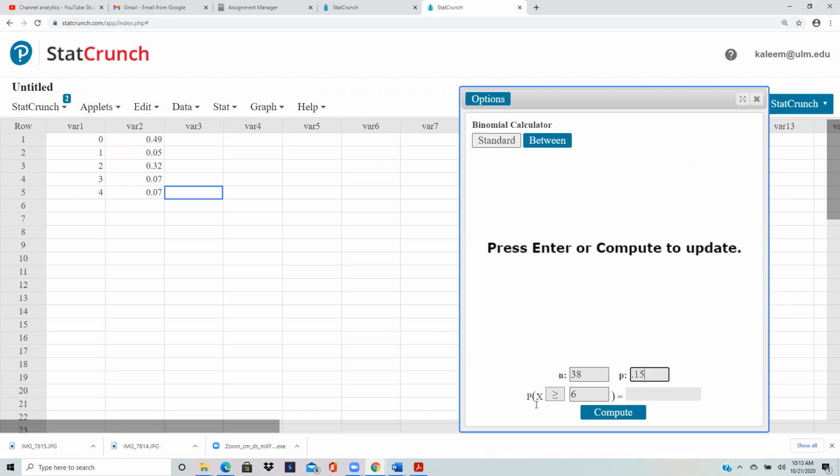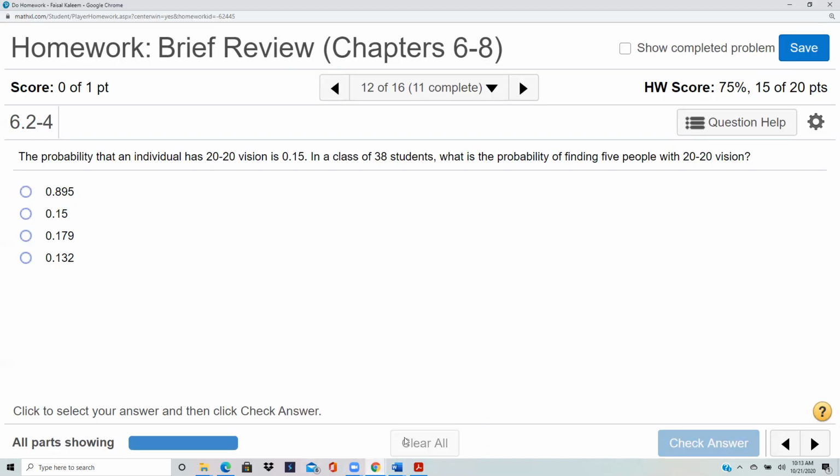So 38 and 0.15. And now what are we looking for? I'm not sure. Well, read the last part of the problem.